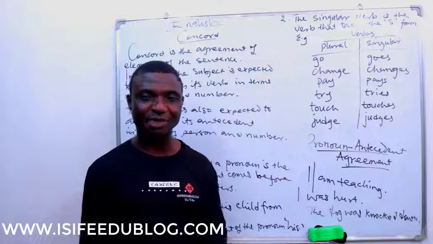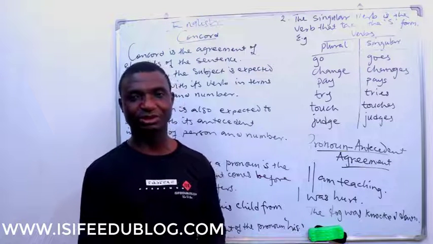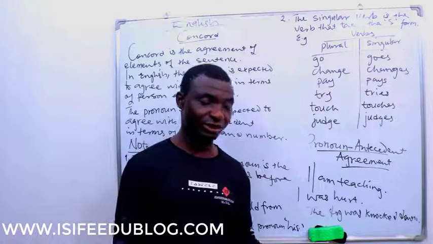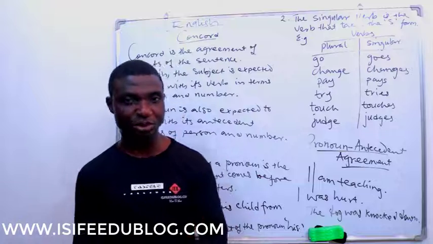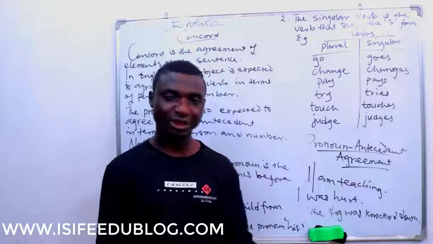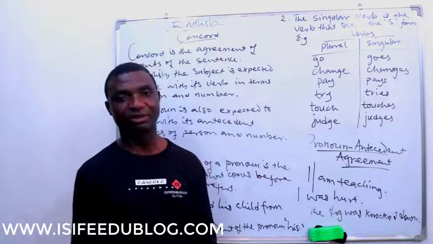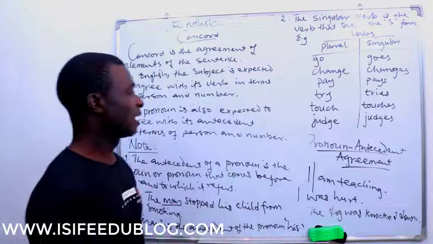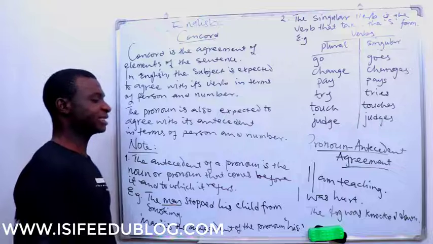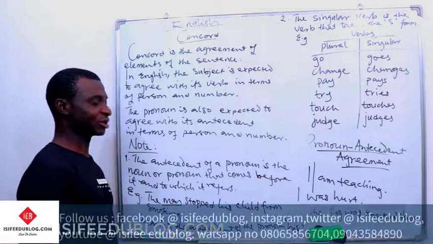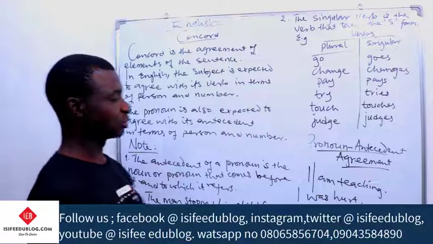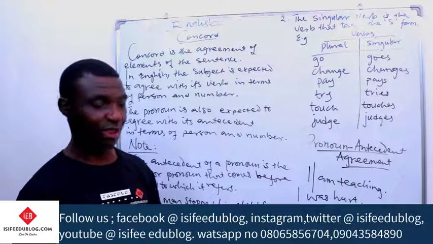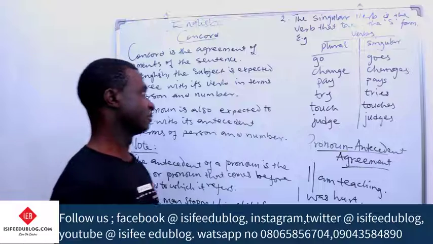Whether it performs the action or not is not the issue, because in the active voice, the subject performs the action, while in the passive voice, the subject may even be a victim, the victim of the action performed. Alright? Now, whichever is the case, whether it is performing the action or receiving the action, the subject should agree with its verb.